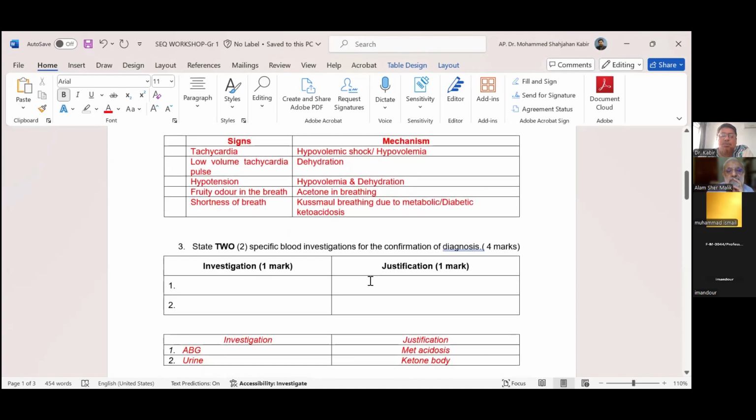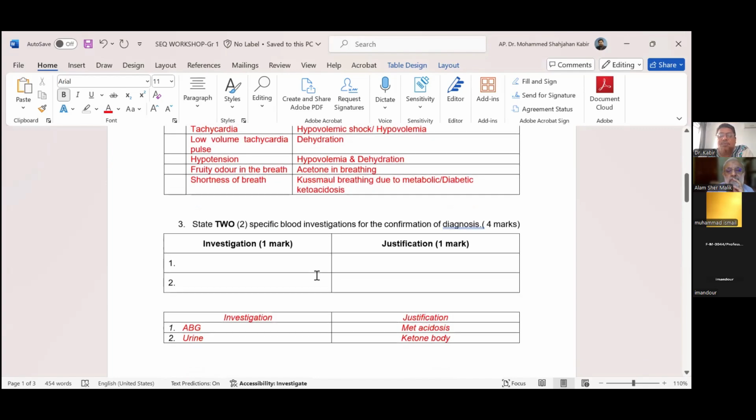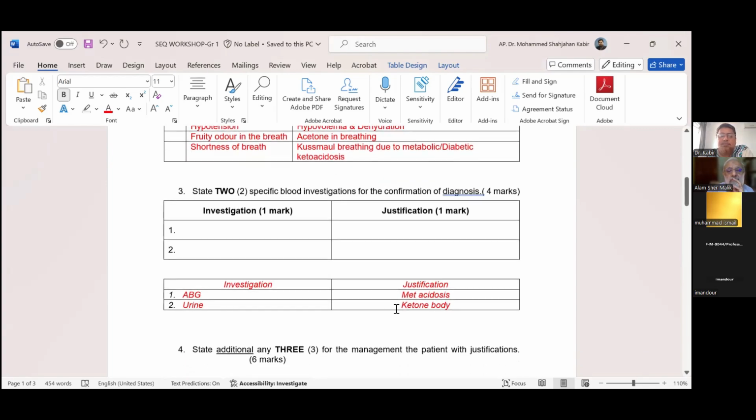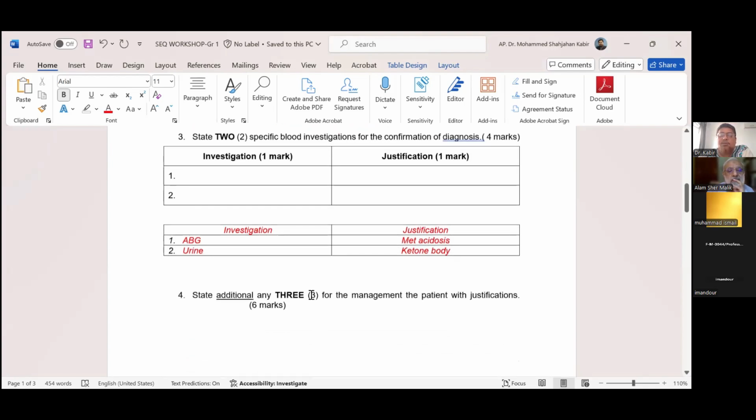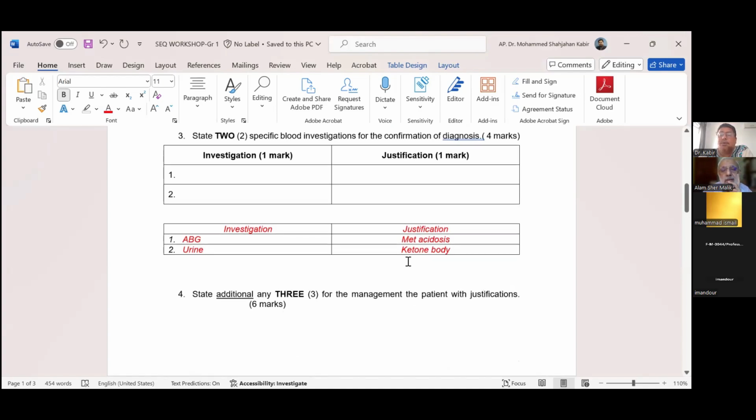State 2 specific investigations for the confirmation of the diagnosis. One is ABG to rule out metabolic acidosis, and the other is urine testing to detect ketone bodies.